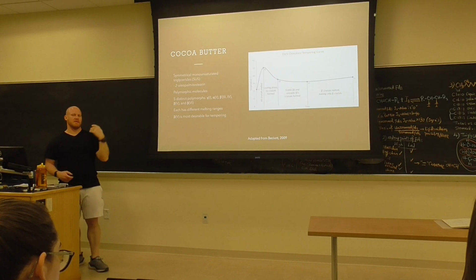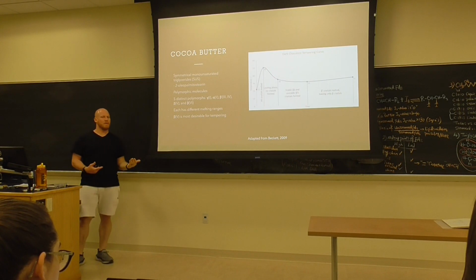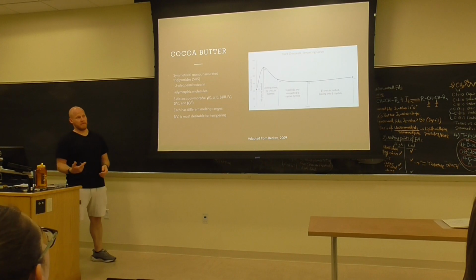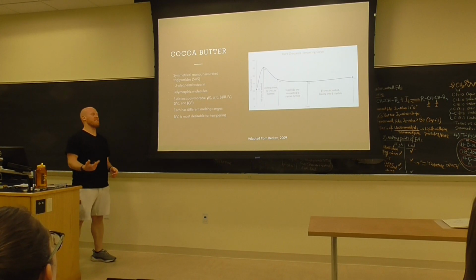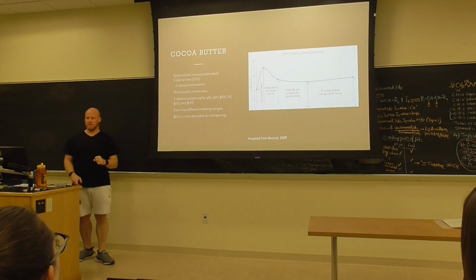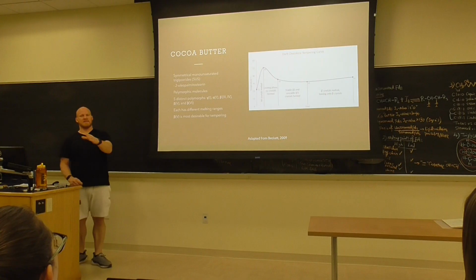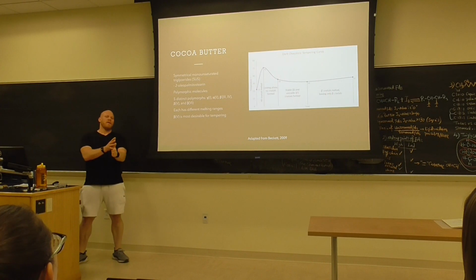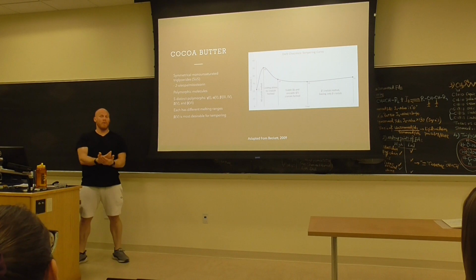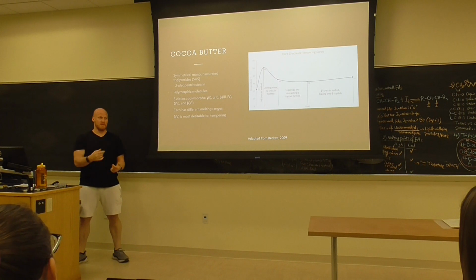When chocolate is what's called in temper, that means you have the majority beta 6 and 5. What's super interesting about the polymorphs is they all want to be beta 6. So when they grow up and age so nicely, they will be beta 6, whether you want them to be or not.